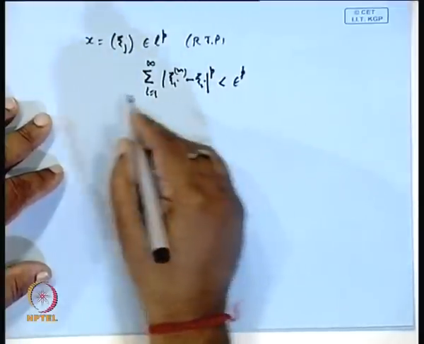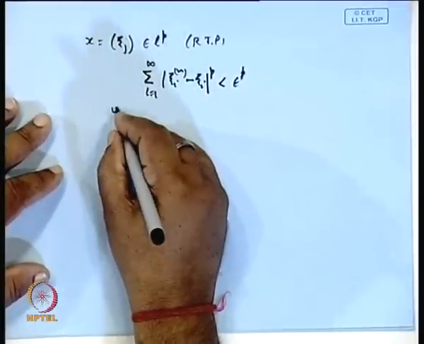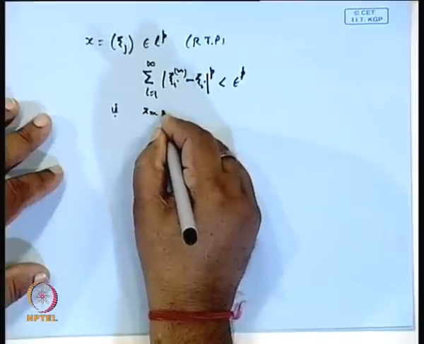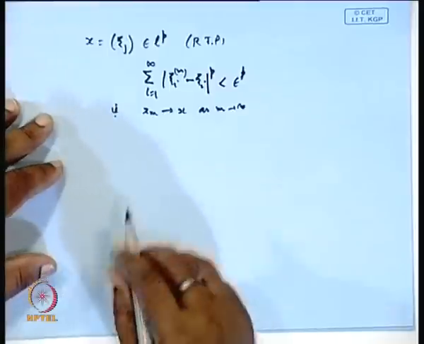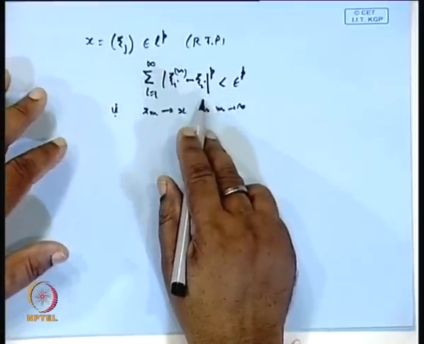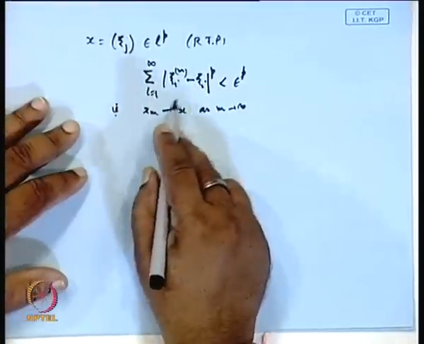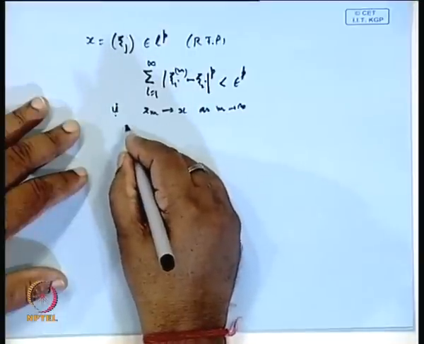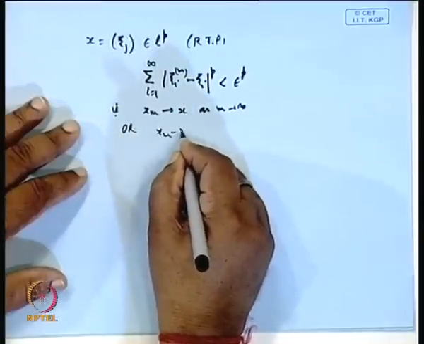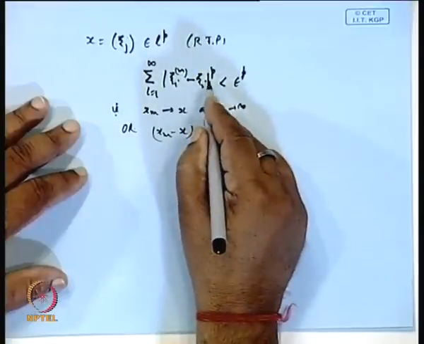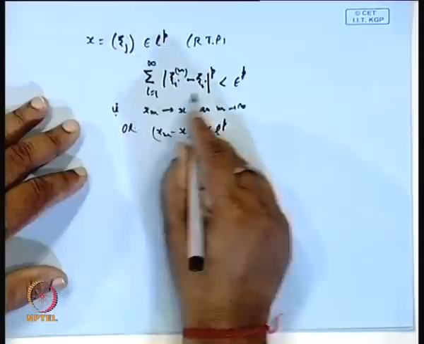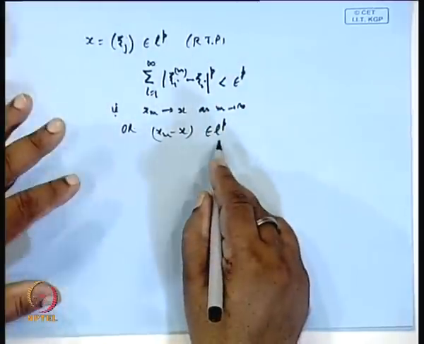That is, the sequence x^m goes to x as m tends to infinity. So, using this, not only x^m, this x^m minus x will be a point in l^p, because the sum of this thing to the power p is bounded.